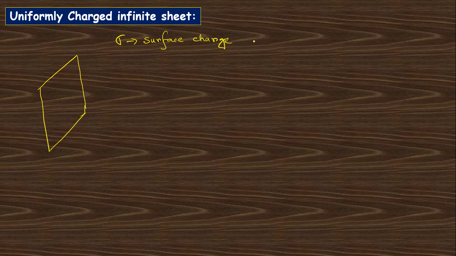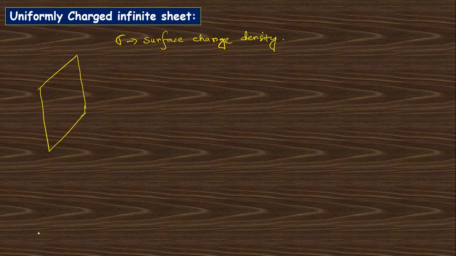Now comes another problem, that is the infinite sheet charge. This is a charged infinite sheet. Clear? So for this charged infinite sheet, the charge density is sigma, the surface charge density.